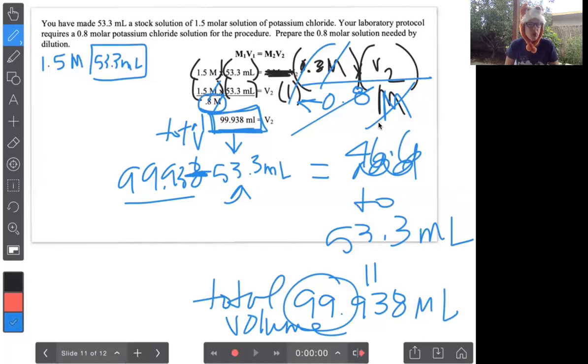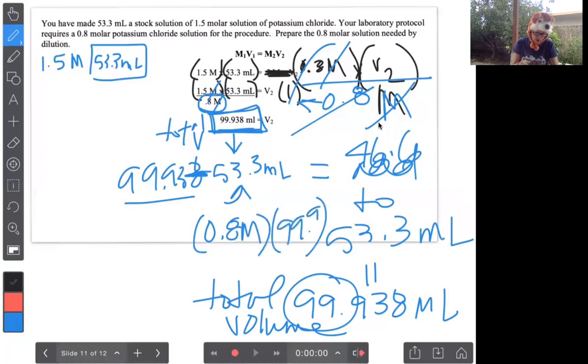That makes sense? You can always do this backwards and see if you come back with 53.3. So now we have 8 molar, and we have 99, I'm just gonna do 99.9 for crap's sake. Here, let me change colors. Right, mils.